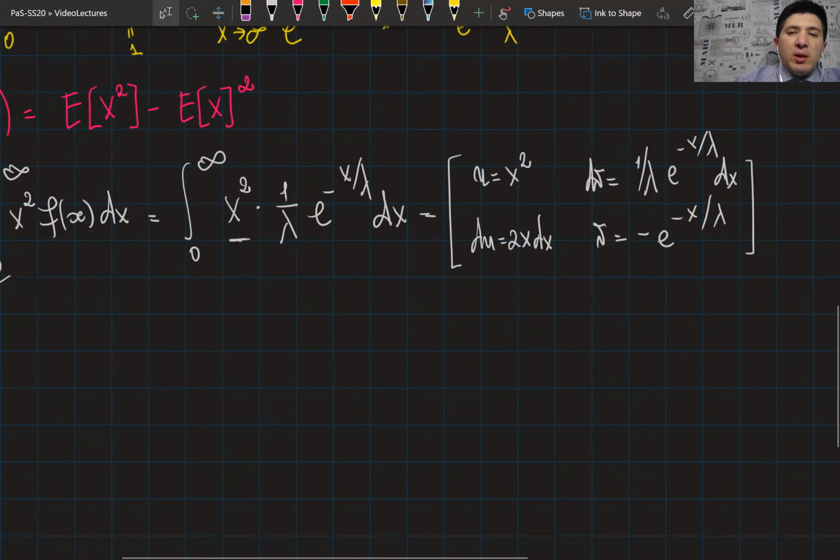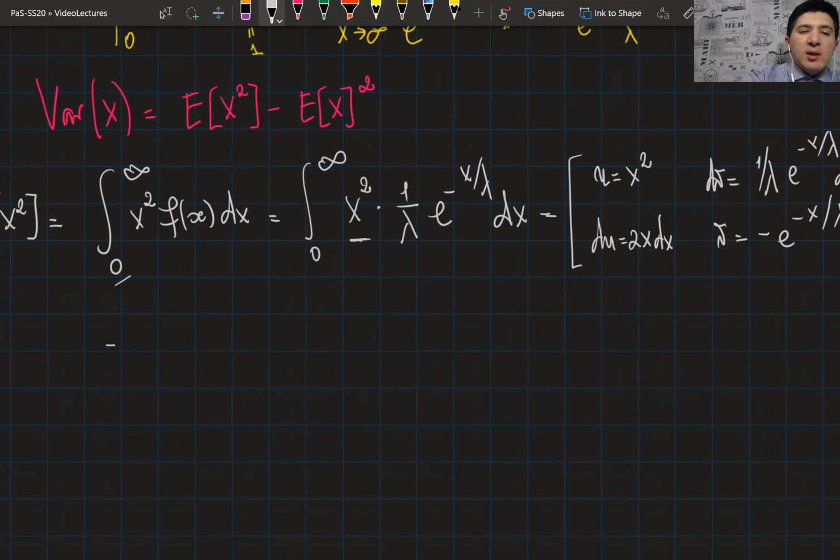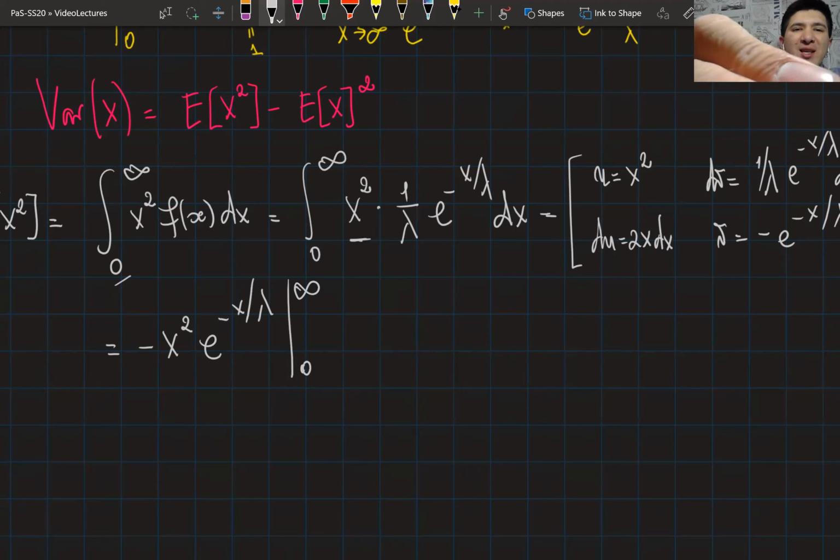We multiply u by v, then integrate v du. So it's x squared times minus e to the power of minus x over lambda, from 0 to infinity. We've seen before that when it was simply x, this was 0. Now that it's x squared, it's also going to be 0, so this overall term is 0.